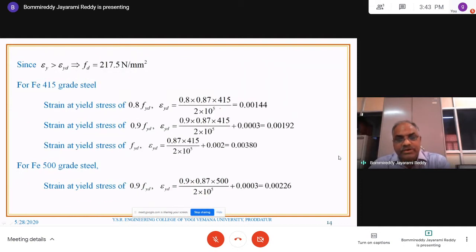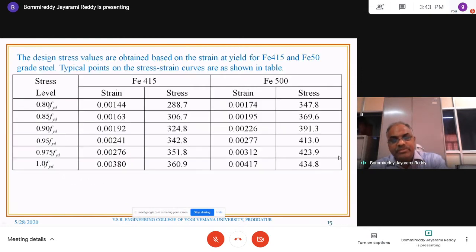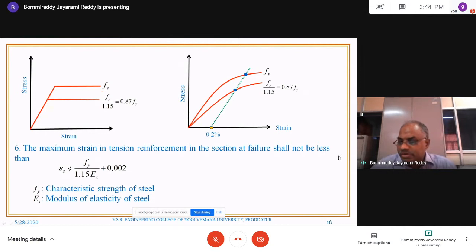So what are the different types of curves that you know? This is called mild steel. Already in the previous working stress method you have seen the original or actual stress strain diagram for mild steel, and similarly the actual stress strain diagram for HYSD bar. Now, these are the diagrams idealized as per IS 456.